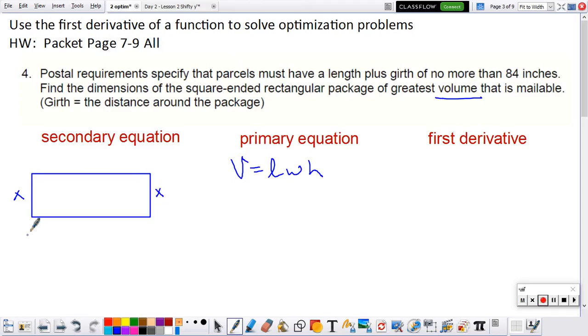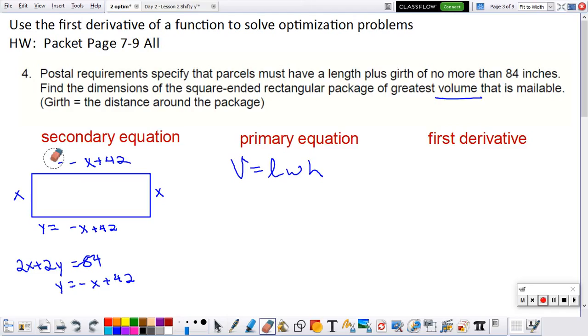If I called this y, which I really don't want to do, but I'm going to, just for fun, then 2x plus 2y has to add up to 84. If I solve this for y, I would get y equals negative x plus 42. So that's what I'm going to put over here. I'm actually going to erase the little y equals because they're confusing looking.